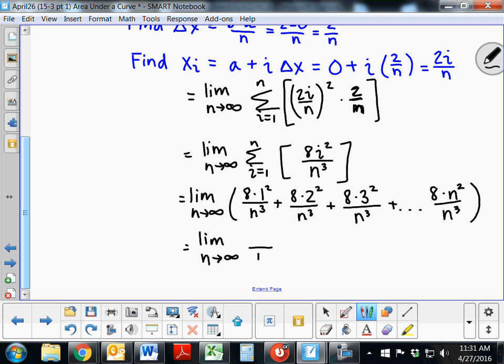He says he sees an n cubed every time. What else does he see every single time? 8. So really, this is like 8 over n cubed up front, times 1 squared plus 2 squared plus 3 squared all the way down. And that's the limit we're going to evaluate. We'll stop there for now.